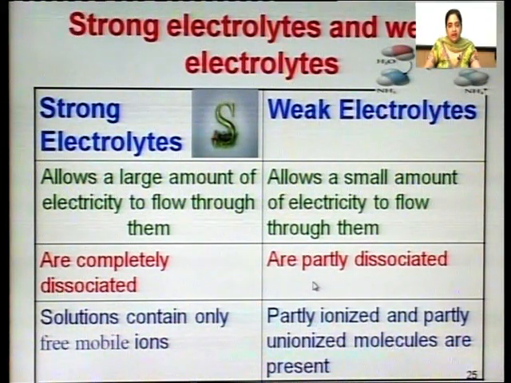Weak electrolytes are partially dissociated. Strong electrolyte solutions contain only free mobile ions, but in weak electrolytes, they are partially ionized and partially unionized molecules are present.